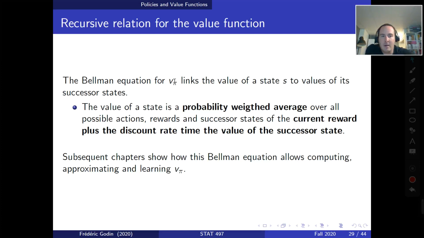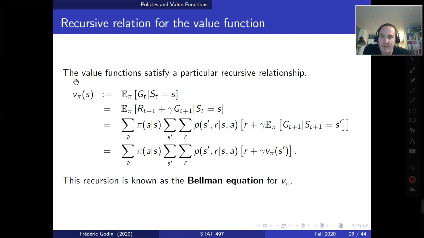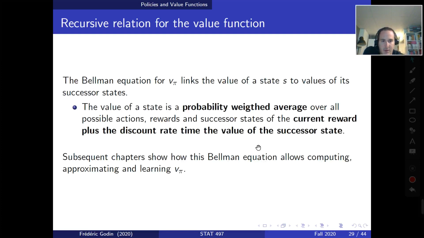Here it links the value of a state S to the value of all potential states that will be subsequent to the state S. If we forget about the formula for a minute, we can interpret the Bellman equation as follows.